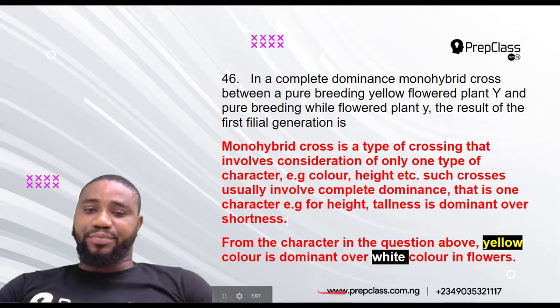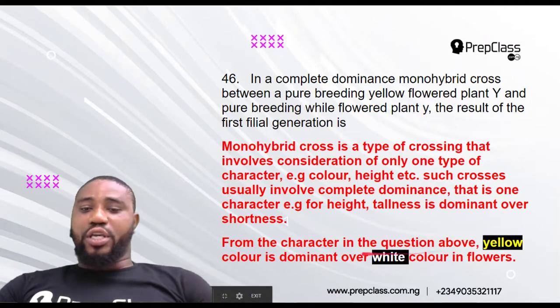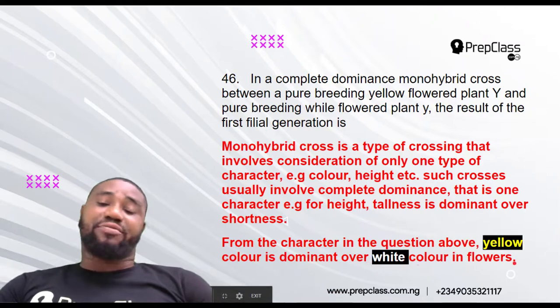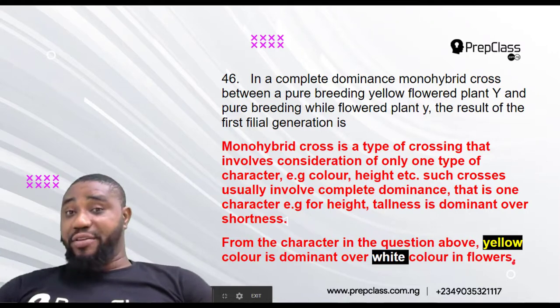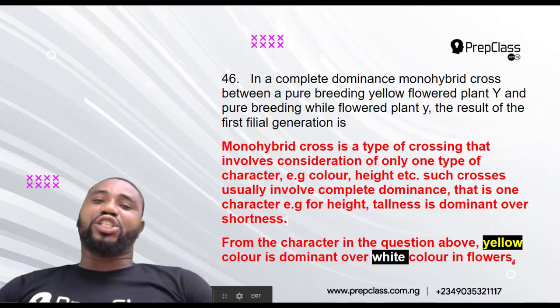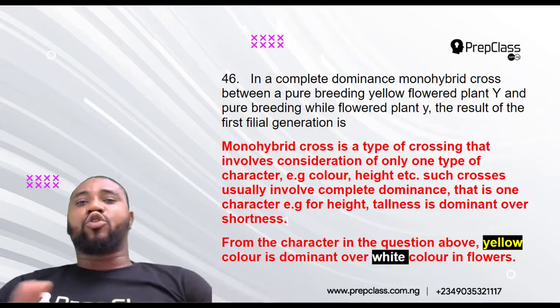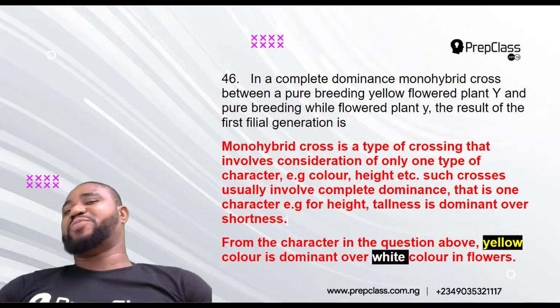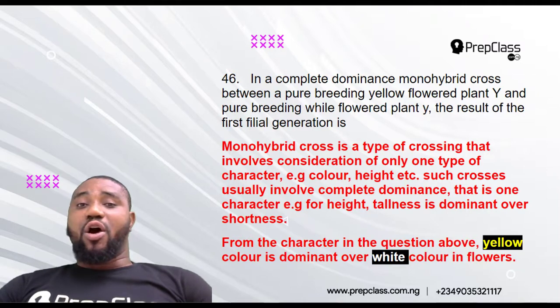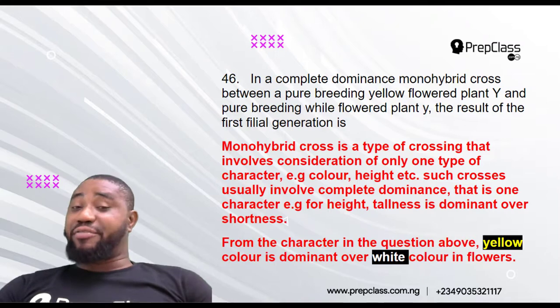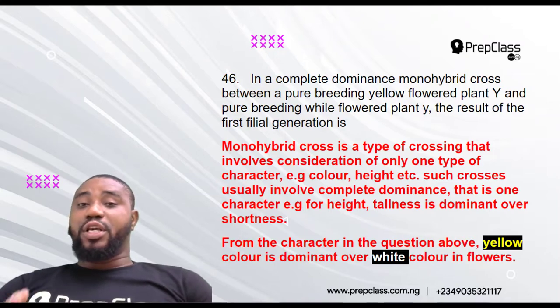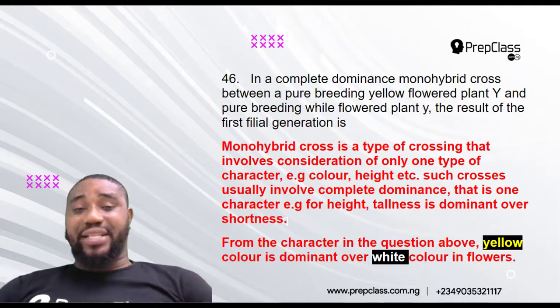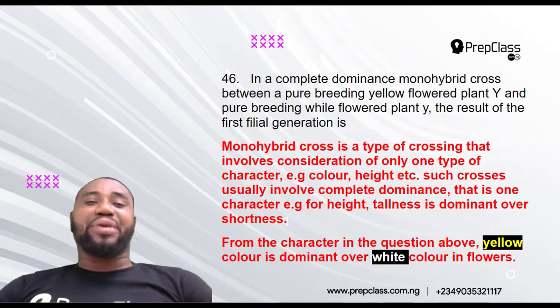Take note of that. The gene for yellow is dominant over the gene for white in flowers. Also, the gene for red in flower is always dominant over the gene for white. So if you cross a red flower and a white flower, don't expect to see a pink flower.